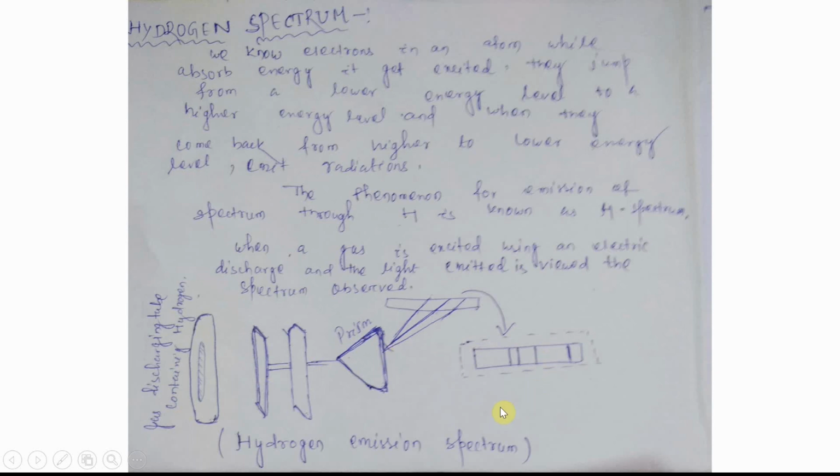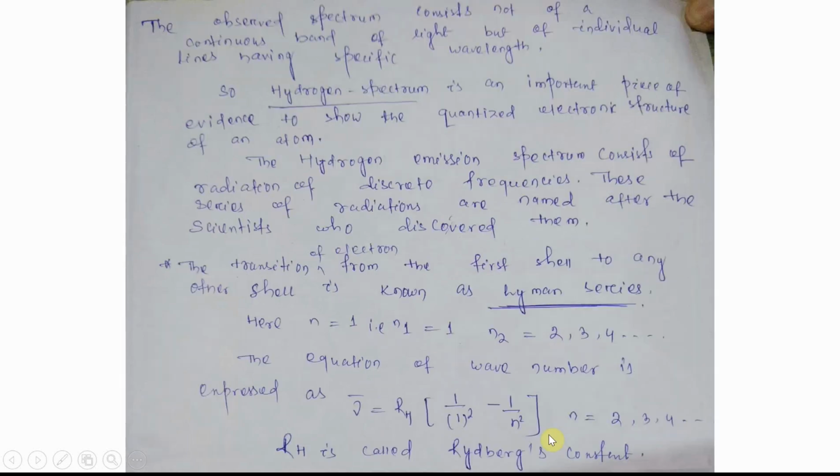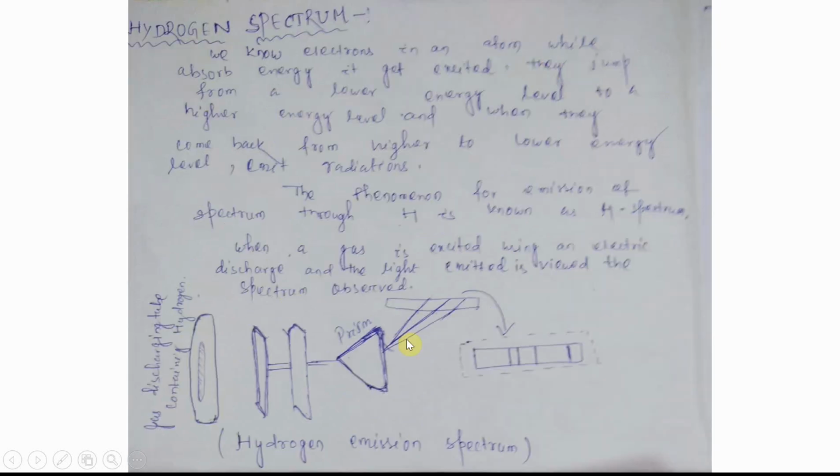Then we have to discuss that the observed spectrum consists not of a continuous band of light, but of individual lines having specific wavelengths. This is the final line spectrum which we get by exciting the hydrogen gas. These are not continuous spectrum.